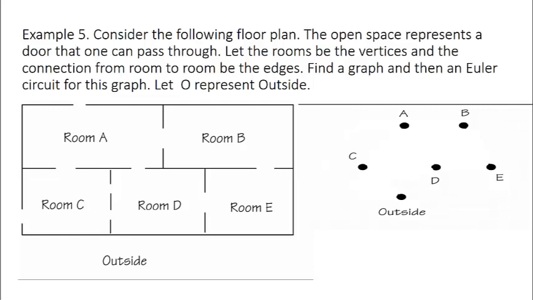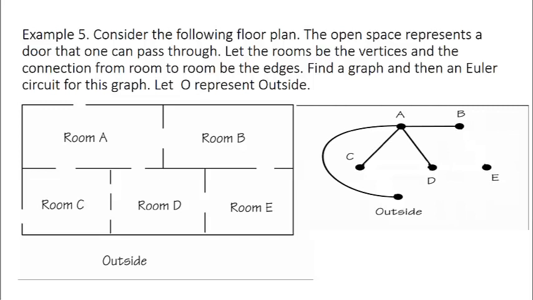So our rooms are going to be our vertices. And now let's see. The edges are going to represent doors. So room A has a door connecting to rooms B, C, D, and the outside. So we need one edge connecting A to B, C, D, and the outside.